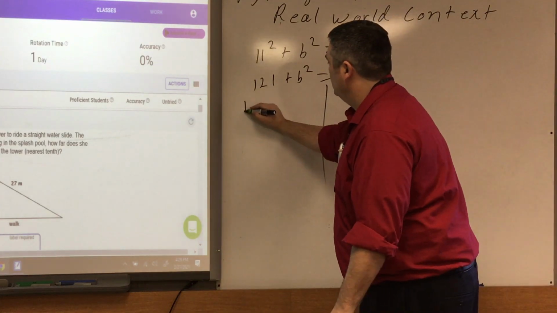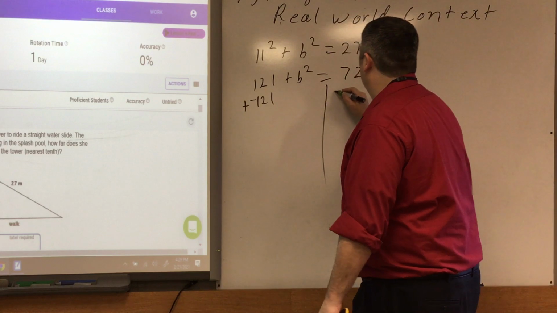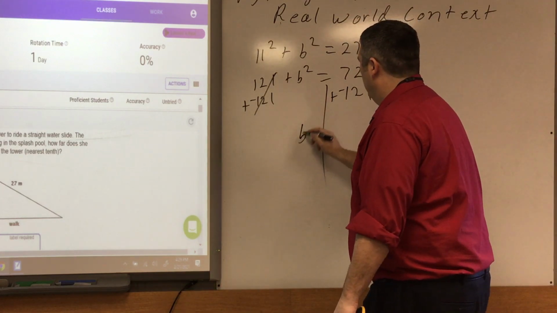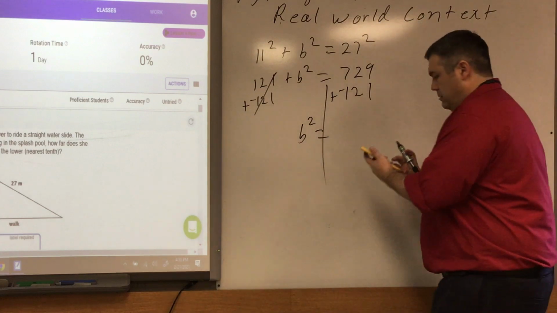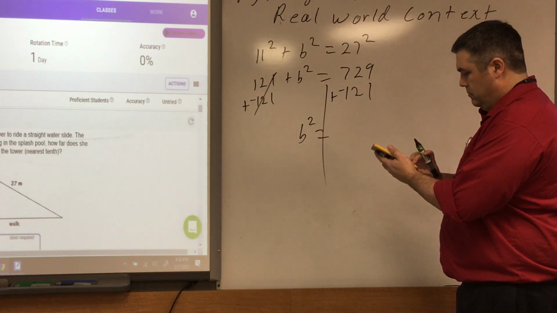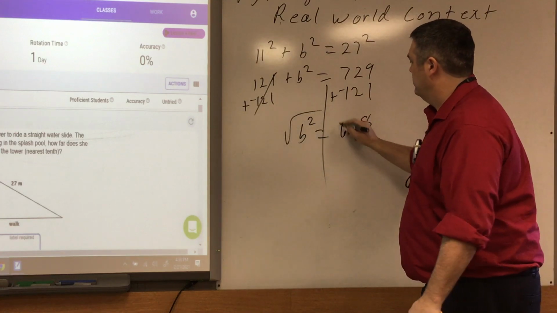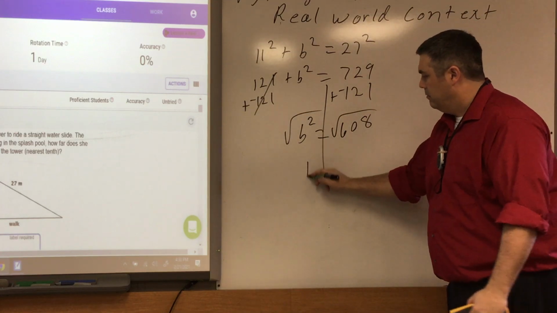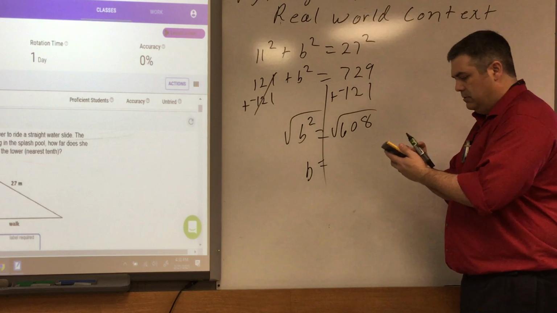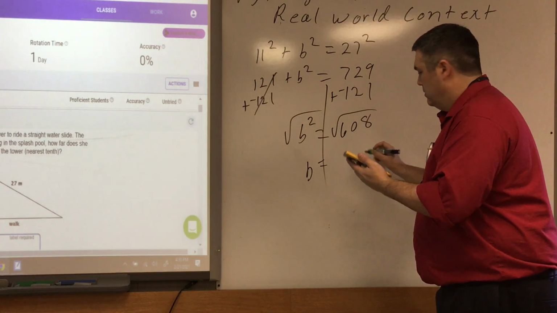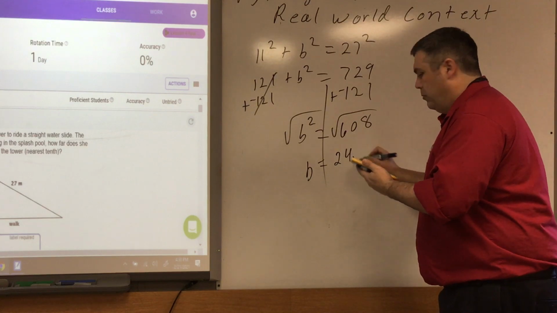So add the inverse. Crosses out, b squared equals 608. Take the square root, b equals 24.7.